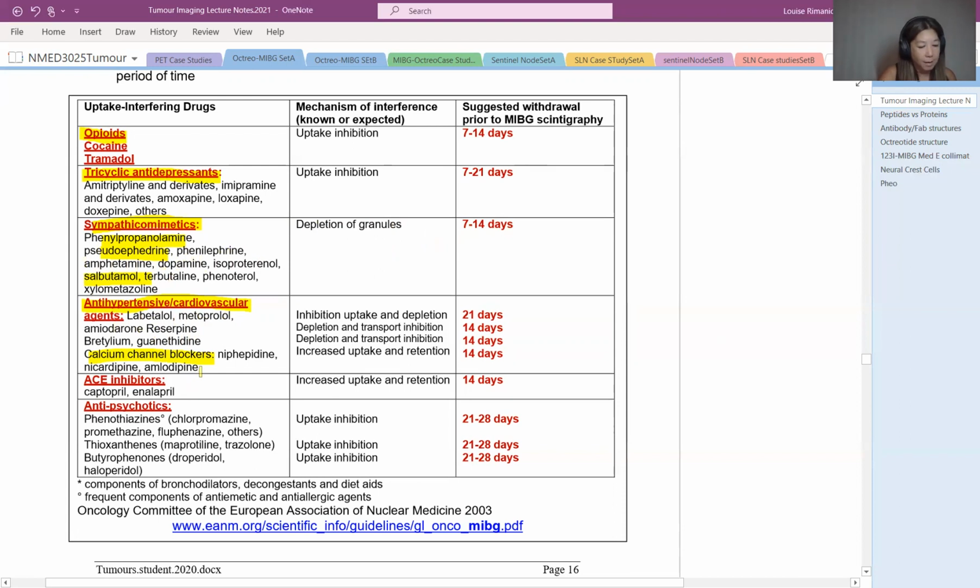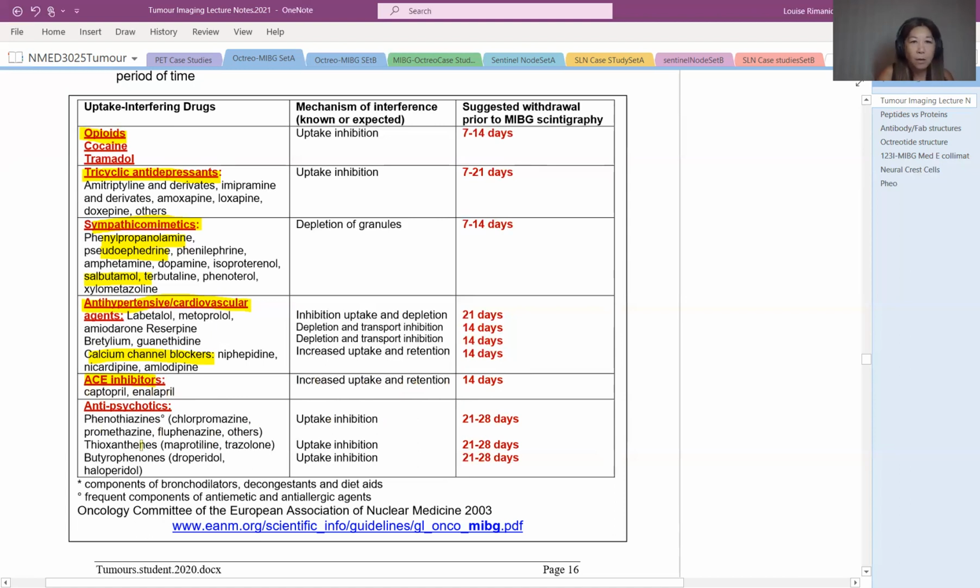And these, again, can either inhibit uptake or deplete the granules. So again, usually 3 to 4 weeks off of these. The ACE inhibitors, right, captopril and enalapril, and probably the angiotensin receptor blockers as well, can actually cause increased uptake, so they should be off these for 2 weeks.